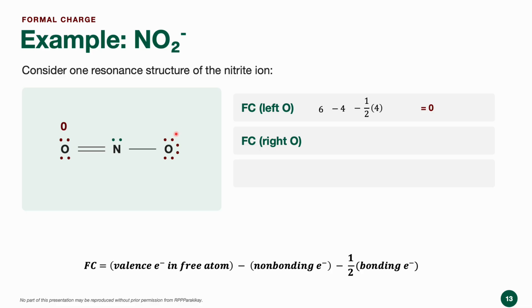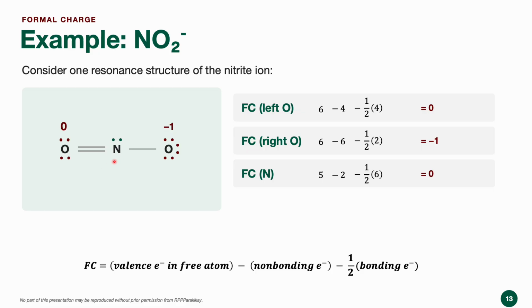So starting from 6, 5, 4, 3, 2, 1, 0, -1. So the formal charge for the right oxygen is simply -1. And then for the central atom, nitrogen, since it's in group 15, starting from 5, 5, 4, 3, 2, 1, 0, you have a formal charge for nitrogen equal to 0.